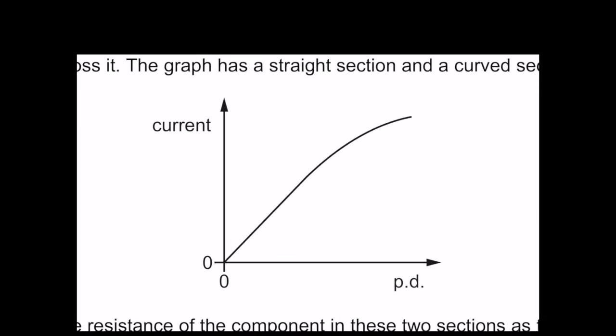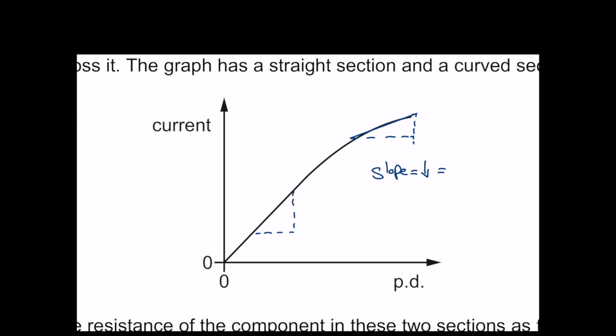In the curved part, if we draw a tangent here, that gives a slope, and here we have another slope. As time passes, the slope is decreasing. The slope represents I divided by V, or current divided by voltage.